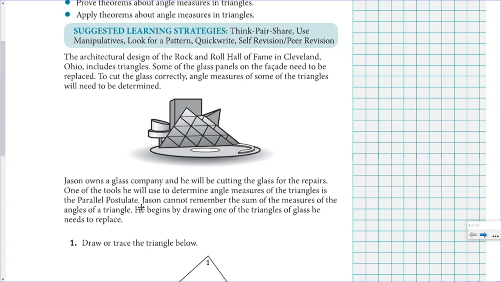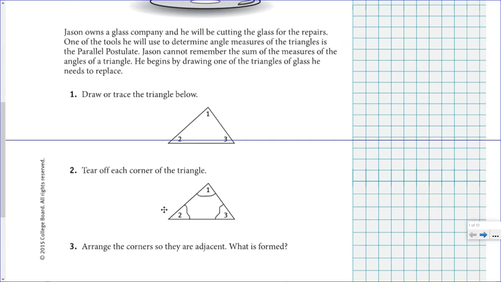So he can't remember the sum of the measures of the angles of the triangle, and so he is going to begin by drawing one of the triangles that he needs to replace. What you want to do first is to draw this triangle on your patty paper. You could also just take a piece of paper and create a triangle, and it would work the same way.